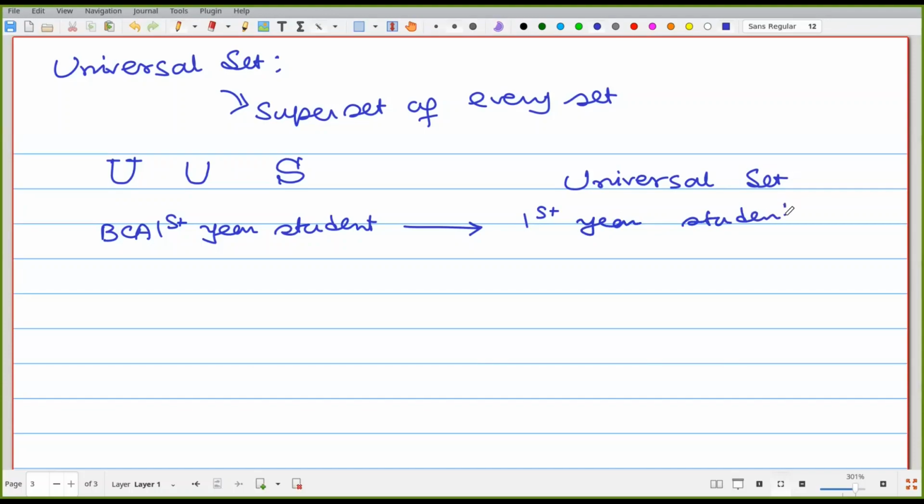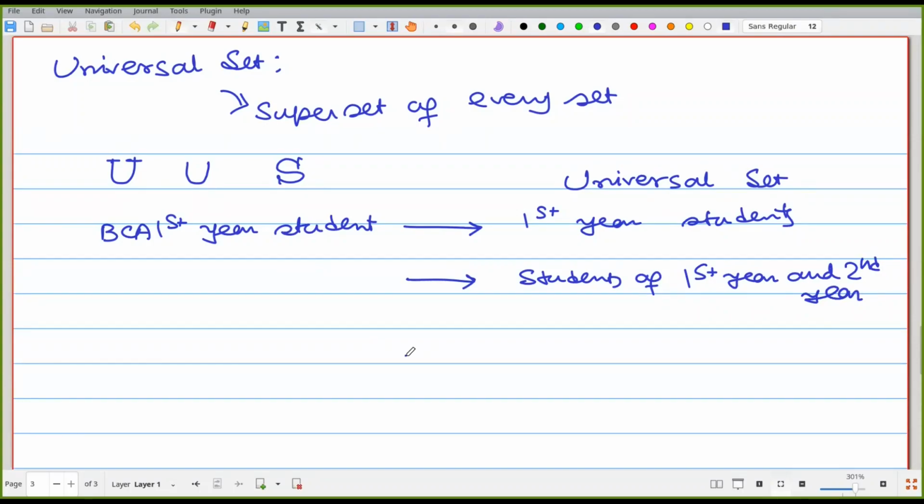That means first year students of BCA, BBA, MCA, MTech, BTech, each and everyone, BSc, MSc. So there is no difference. Second, suppose another universal set we can define, like students of first year and second year of that particular college.